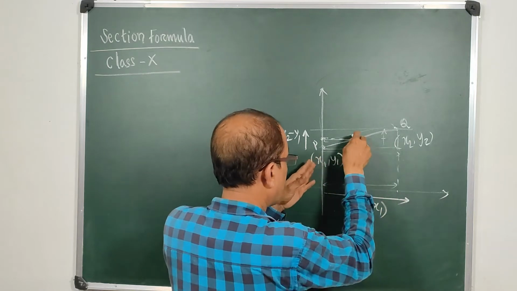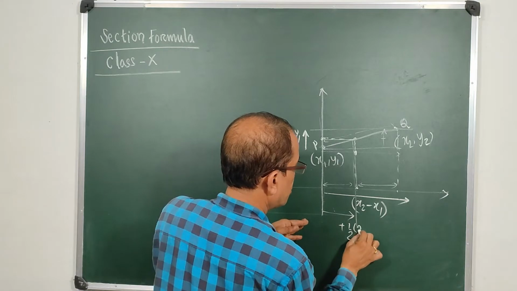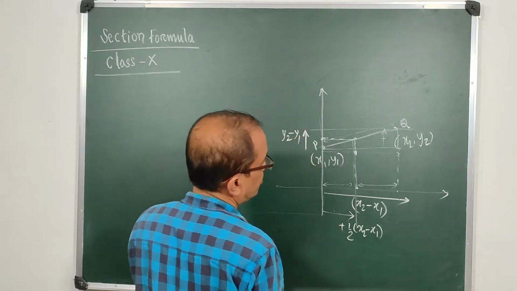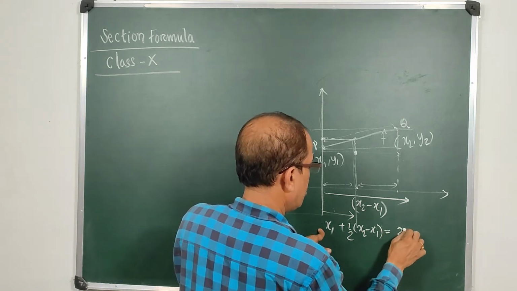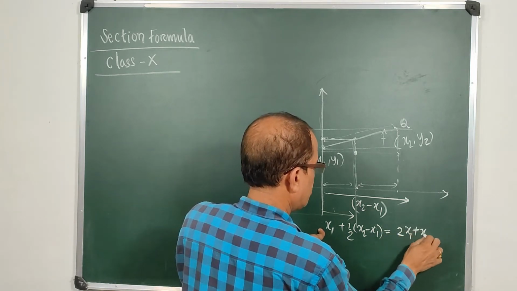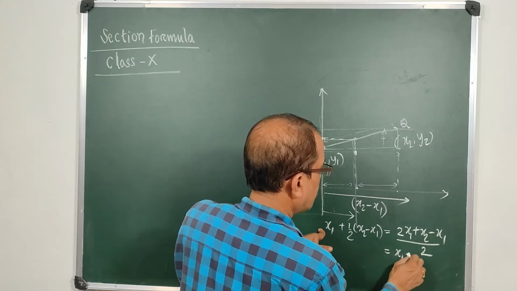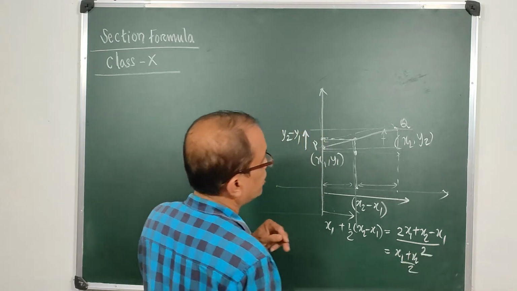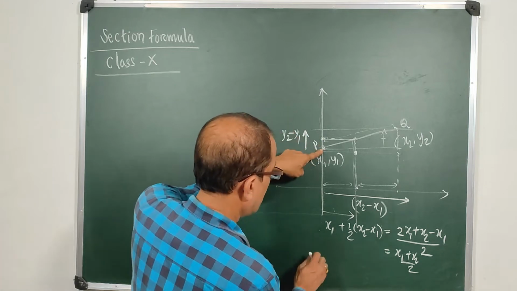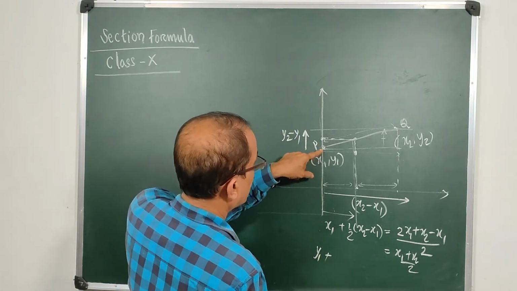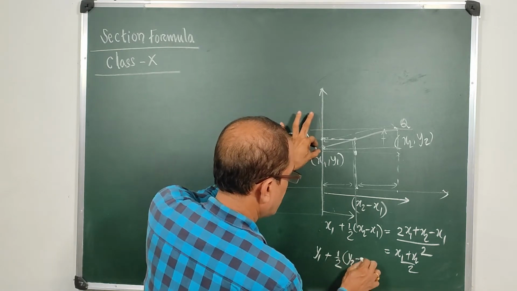And clearly we can find that from this point, this distance is half of x2 minus x1. So if I add x1 with this, how much do I get? This will be 2x1 plus x2 minus x1 divided by 2, which is (x1 plus x2) by 2. And also if I check how much the midpoint is above the previous point, the previous point is y1 and I have shifted y2 minus y1, so half the distance will be half of y2 minus y1.